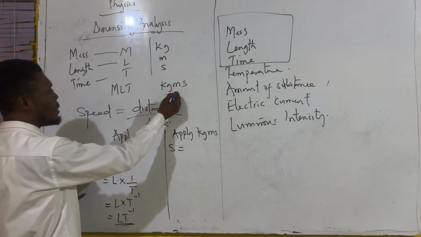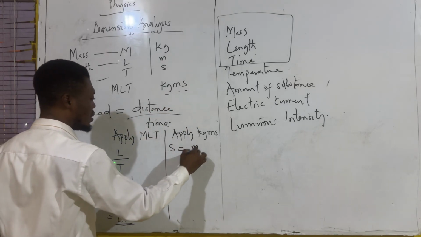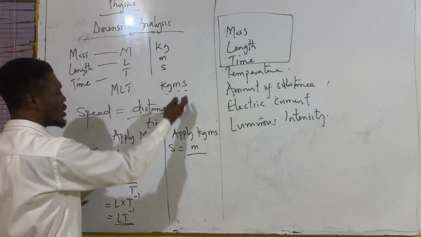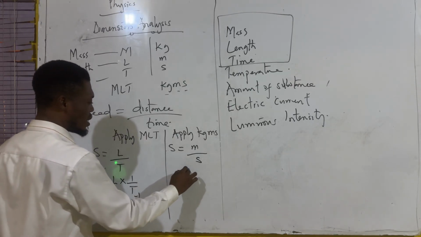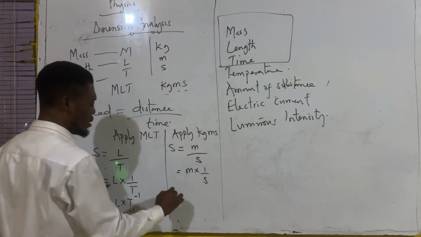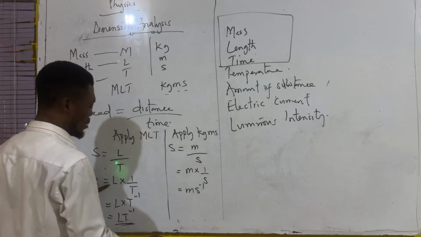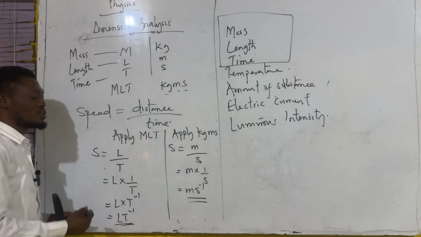In terms of kilogram, meters, or seconds? Of course, meters. And time? In terms of kilogram, meters, or seconds? Of course, seconds. So you follow the same steps. This is m times 1 over s, which is ms^-1 as the final answer, synonymous with this.